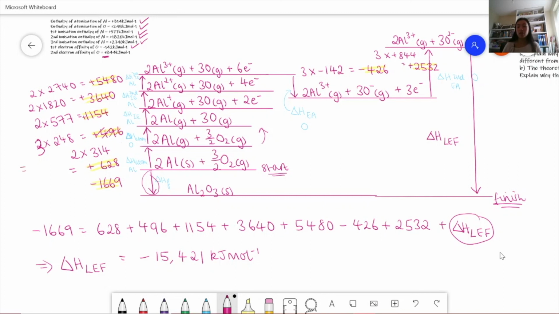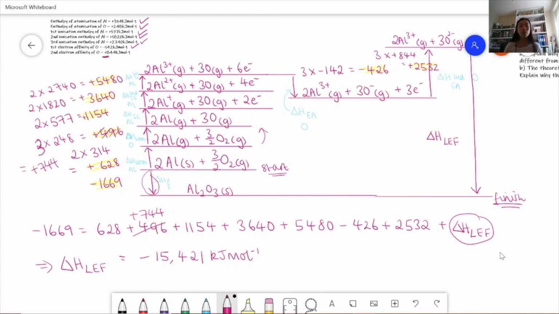That's equal to plus 744. And so here we have plus 744, and now this should give us the minus 15,421.